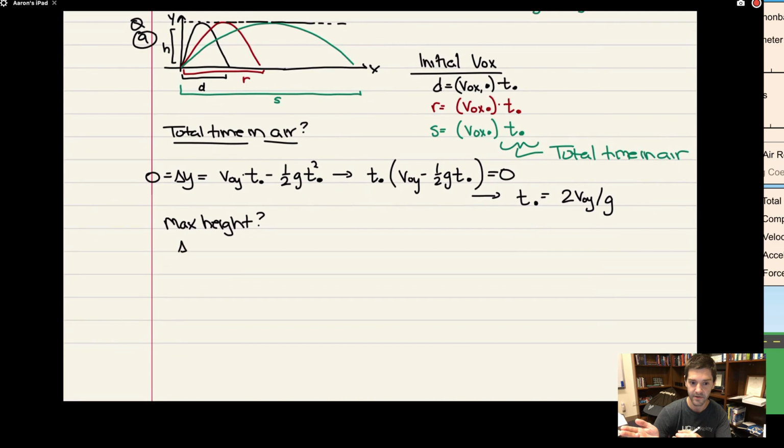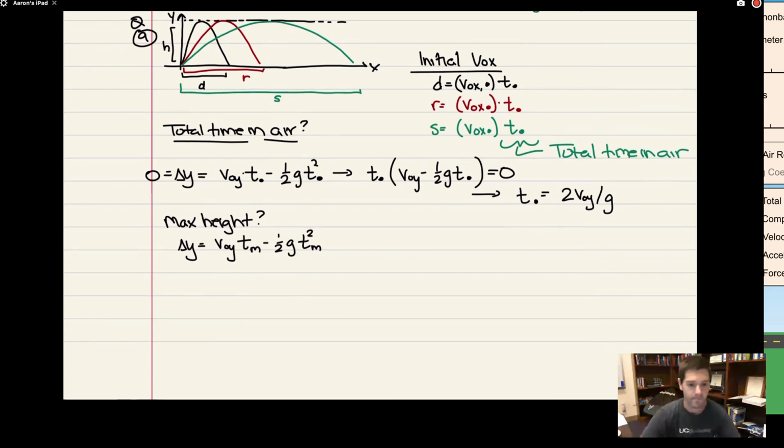So in this case, delta y, again, is the initial y velocity times t, and I'll call it t sub m, so time to get to the max point, minus 1/2 gt squared. But now the displacement, you end at h and you begin at 0. So in this case, this is not equal to 0, but it's equal to h.